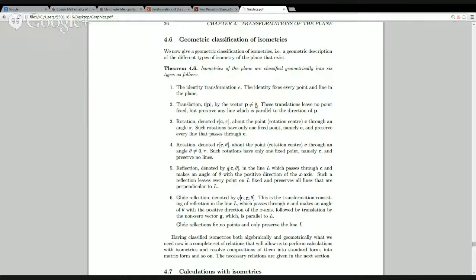It's the image of the vector j, and i and j were at right angles to begin with, and so they have to be at right angles afterwards.